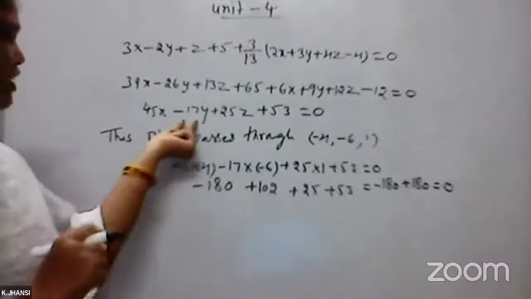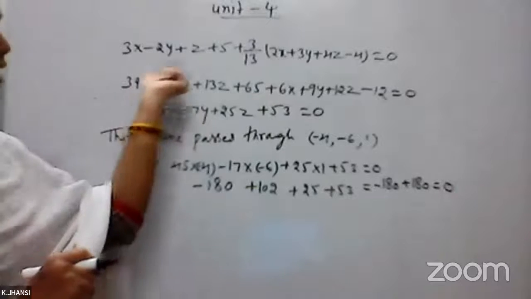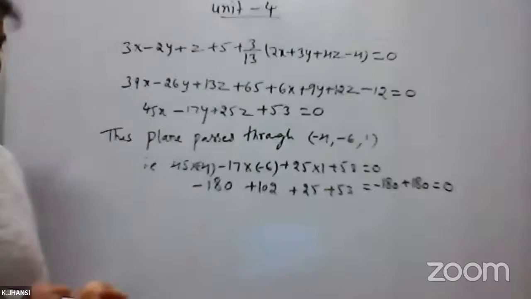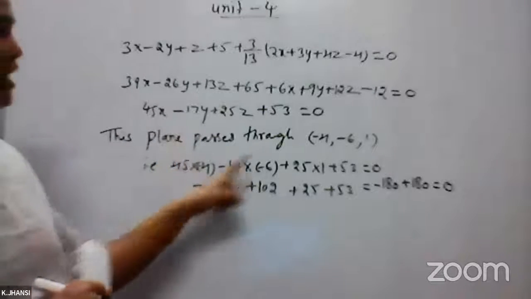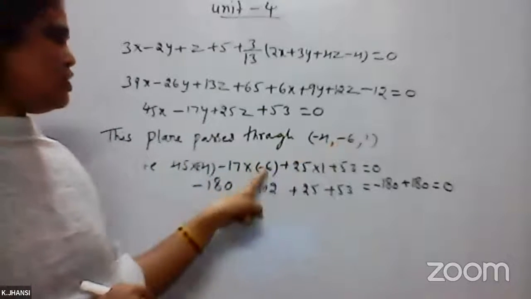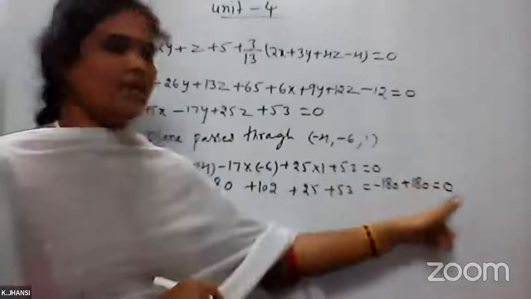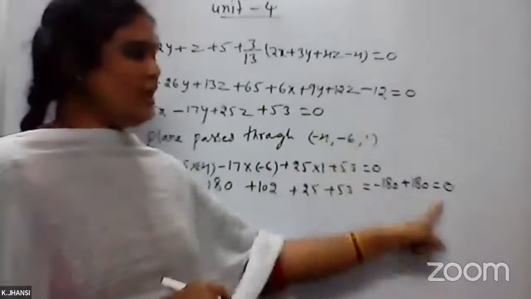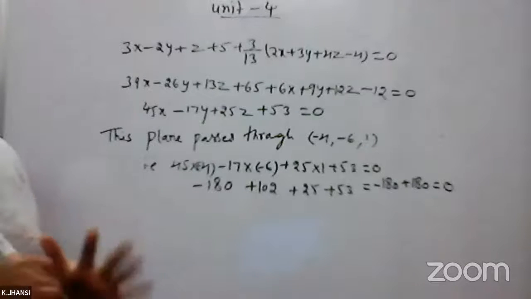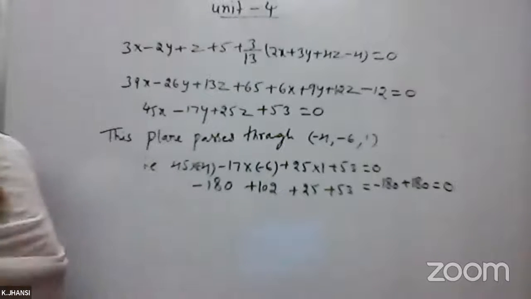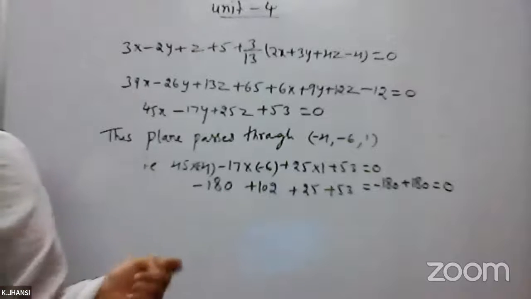So whatever equation you get when you add the two planes with the help of the lambda, that equation is called the equation of the plane. When you substitute this point in this equation, you have to get the value 0. When you get that value as 0, then we say that the two given line equations are intersecting each other or coplanar to each other.